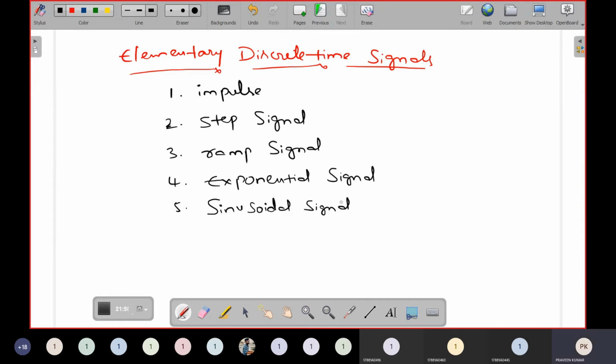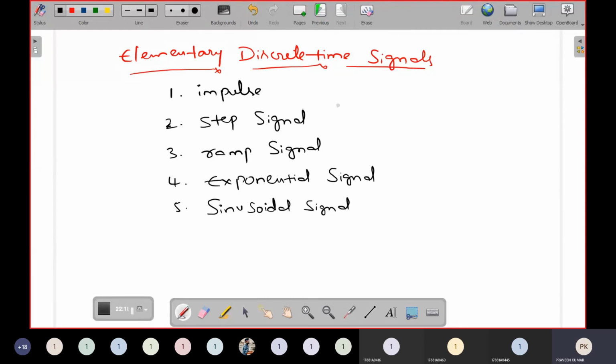The reason is every signal has its own unique feature. Impulse has one unique feature. Similarly, the step signal also has one unique feature. Similarly, the ramp, exponential, and the sinusoidal.